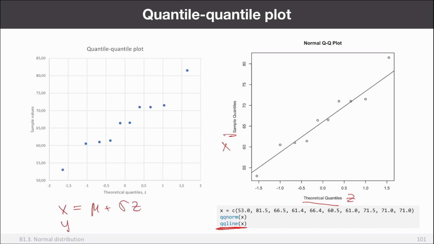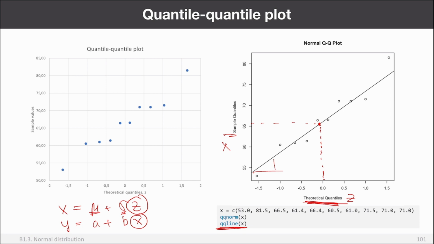But it's the same as y is a plus bx, right? So we use z as our values along this axis. Sigma, in this case, of course, it's not sigma, it's s. It's the slope of this line, and mu will be the intercept. So the intercept, you remember, is where the line crosses 0. It's the value that you have when the z-score is equal to 0, so it's the average value here, right? So that's the overall idea.